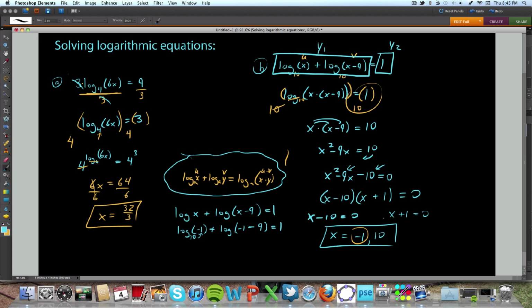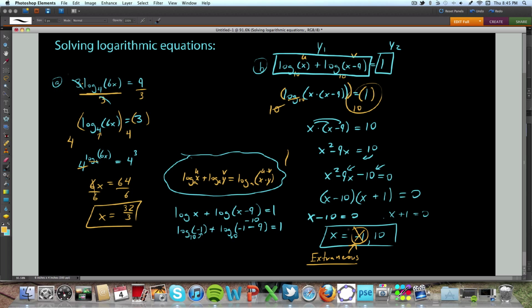It's just nonsense to say something like that. So this one right here we actually give a name, and this is referred to as an extraneous solution, which basically means it worked out algebraically when we solved the quadratic, but when you plug it back into the original logarithmic expression, it doesn't work.